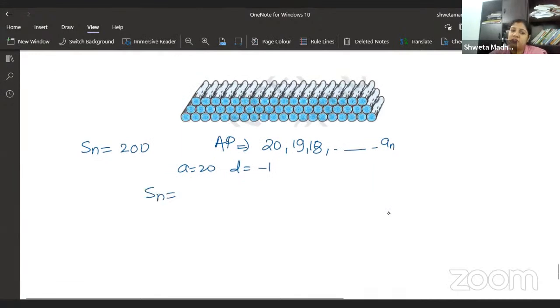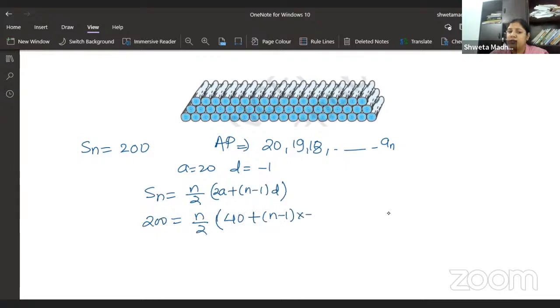So Sn is equal to n by 2 into 2a plus n minus 1 into d. Sn is 200, so 200 equals n by 2 into 2 into 20, which is 40, plus n minus 1 into -1. So n by 2 into 40 minus n plus 1.